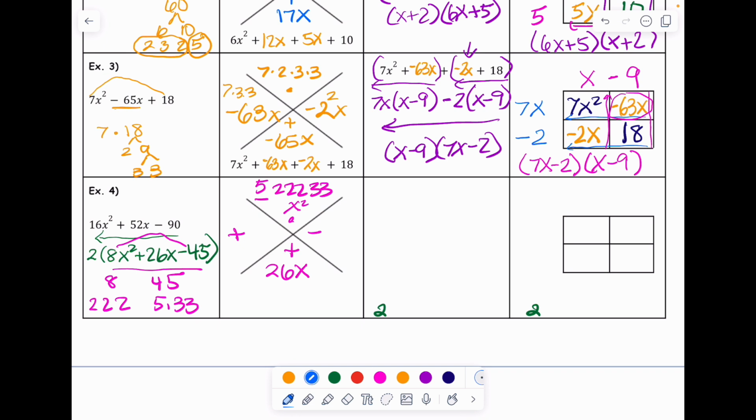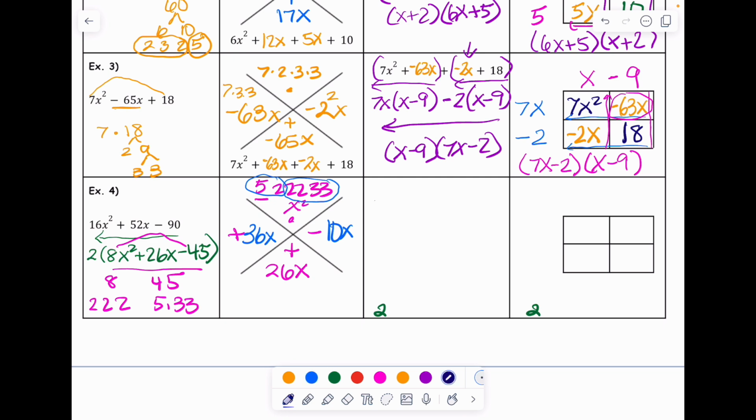Let's see if we did 9 times 4 is 36. 9 times 4 is 36, and then we have 10. Oh, 36 and 10 is definitely going to work. And we want our 26 to be positive, so that means we'll have 36 over here and 10 that we're subtracting off. So let's write this out.